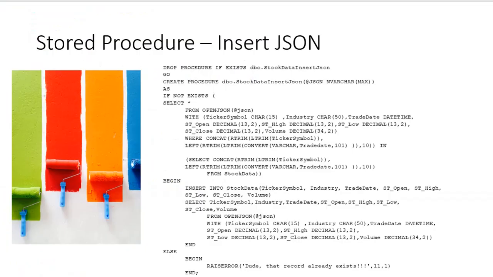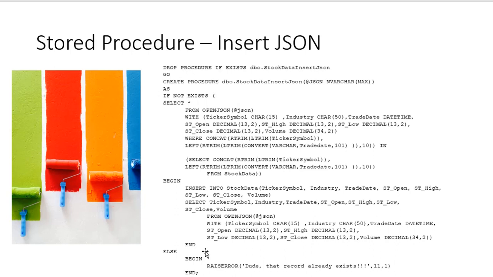Here is the final stored procedure, and I wanted to show it because it's a lot more complicated, and it is a stored procedure used to insert JSON. So once we get this stored procedure done, someone can pass us stock data in a JSON format, and we can insert it into the table. So we've got the drop procedure, the create procedure, and here is the stored procedure that lets us do that.